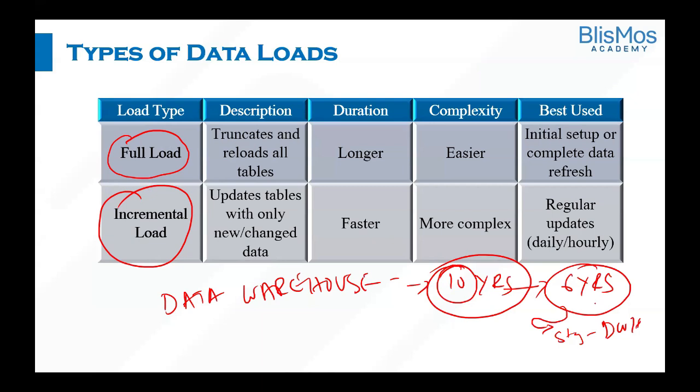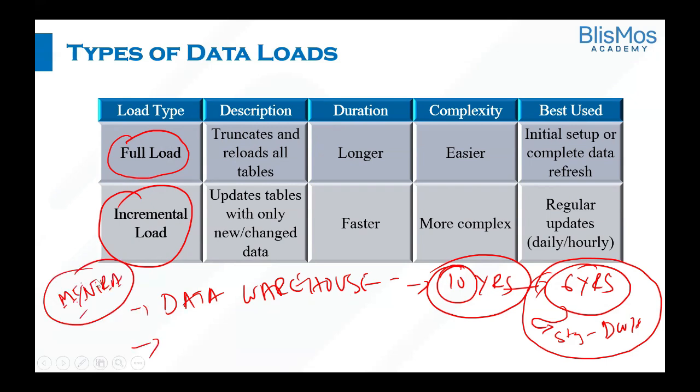All these 6 years, this is historical load, right, Parveen? Yes, sir. All this data needs to be loaded into the data warehouse. That is full load or historical load. Okay, Malini, now Myntra wants to create a data warehouse. Out of 10 years of data, they have taken 6 years of data and created a data warehouse. Let us assume they finished creating it.